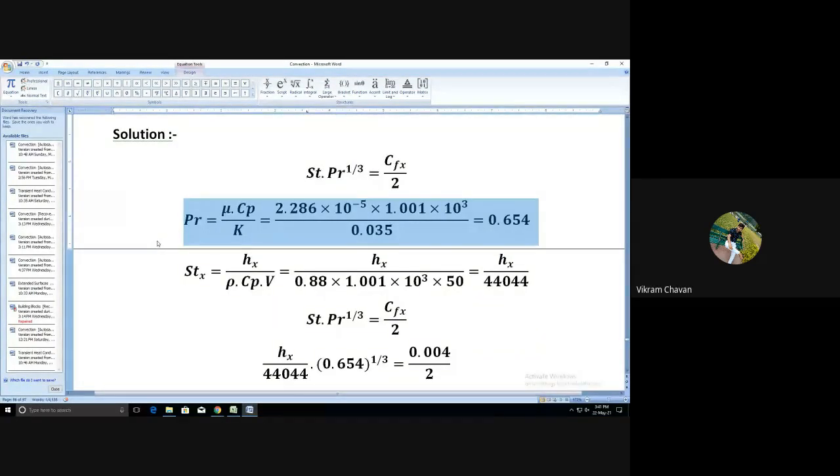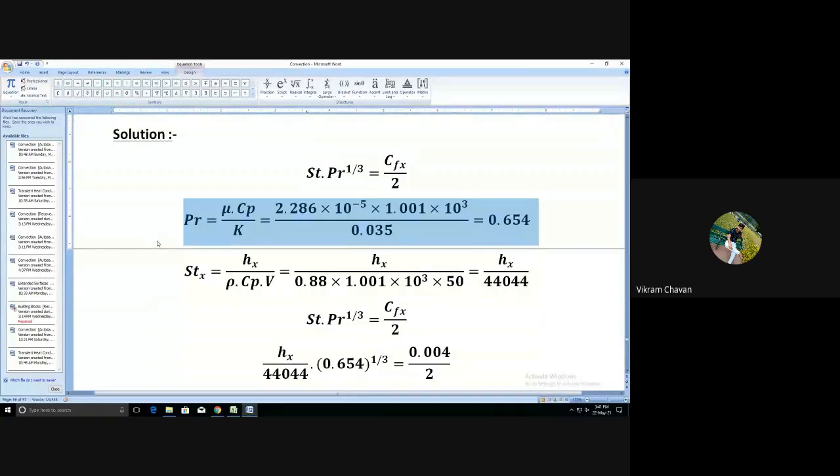Mu is 2.286 into 10 raised to minus 5, and Cp is provided in kilojoule, so we have to consider this Cp value in joule, and thermal conductivity is 0.035 watt per meter Kelvin. You can calculate this and determine the Prandtl number.